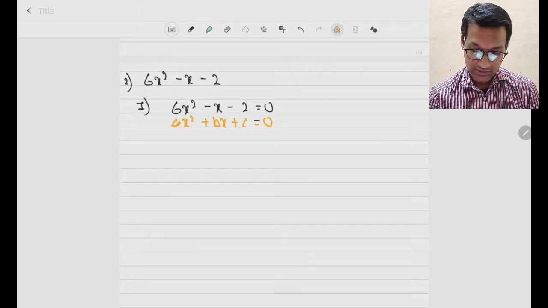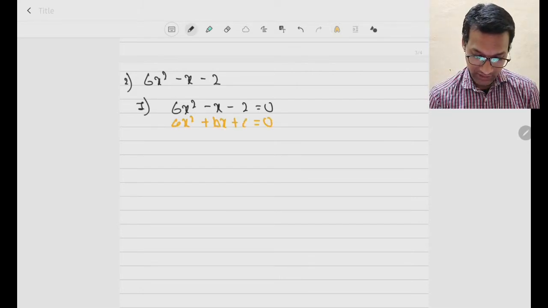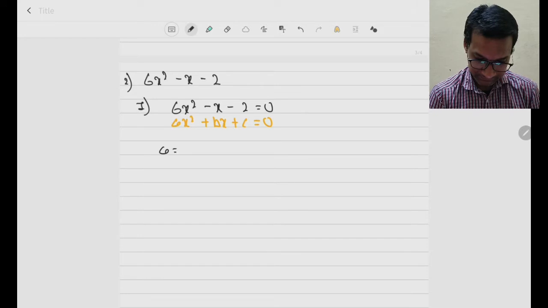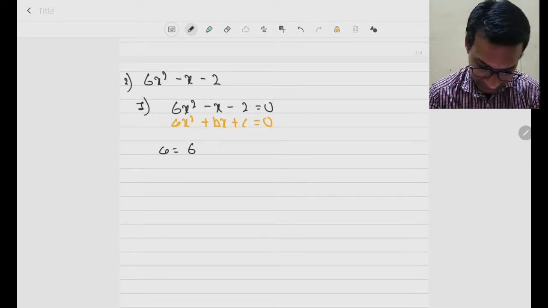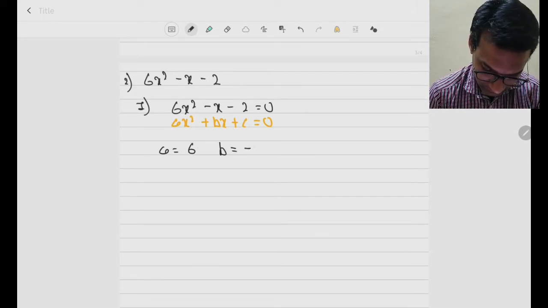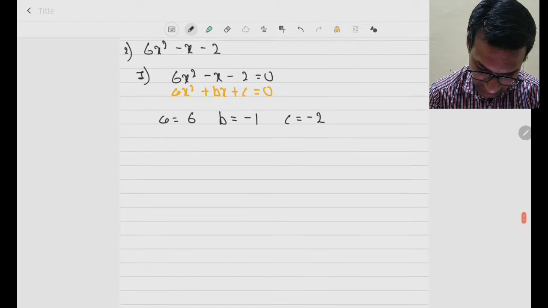Now if you compare this with ax square plus bx plus c, you will find the values of a, which is plus 6, b, which is minus 1, and c, which is minus 2.